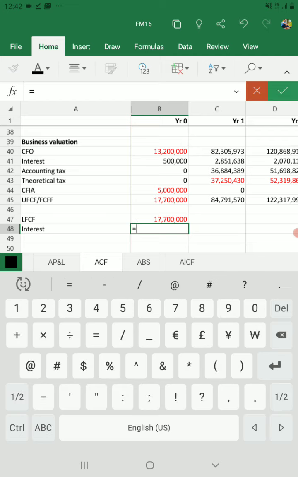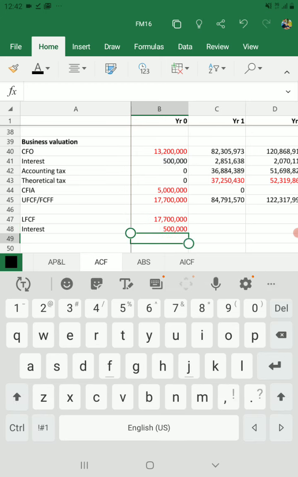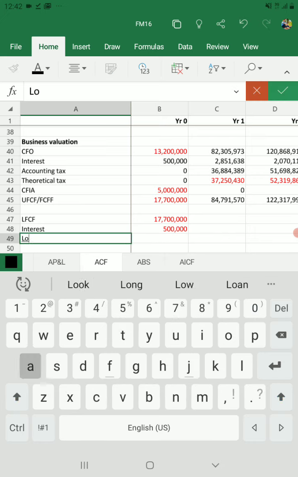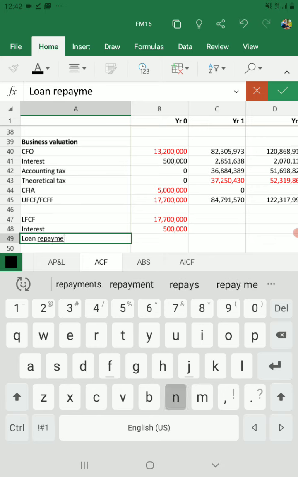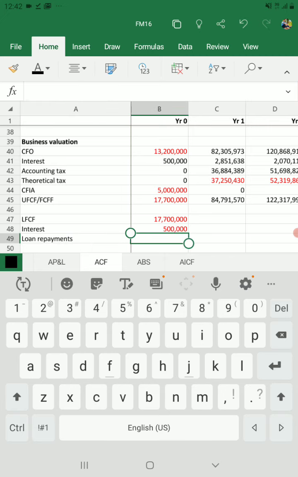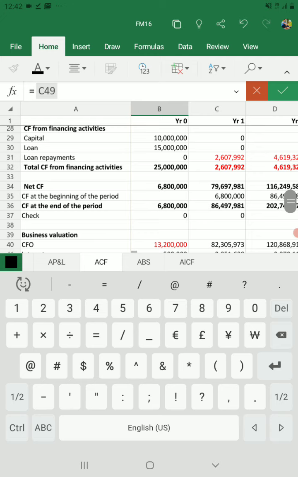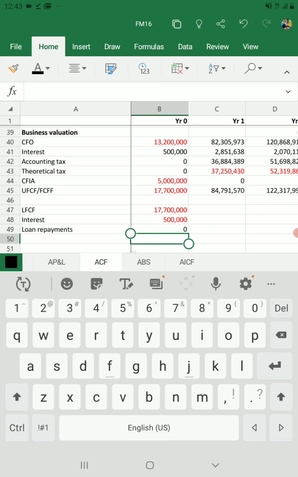So we will have to remove this component here, interest, and we will have to remove loan repayments. Loan repayments here, we get them, start with an equal sign and then pick them from here, loan repayments. Okay, so there are the loan repayments.